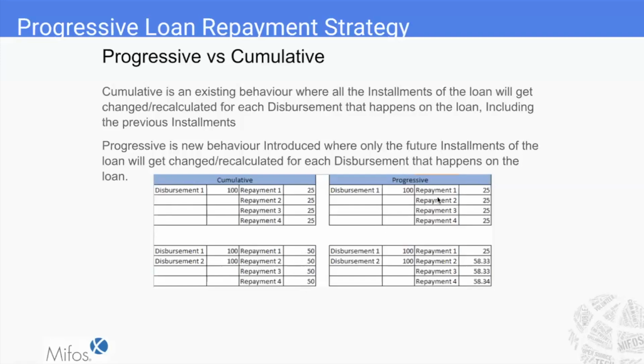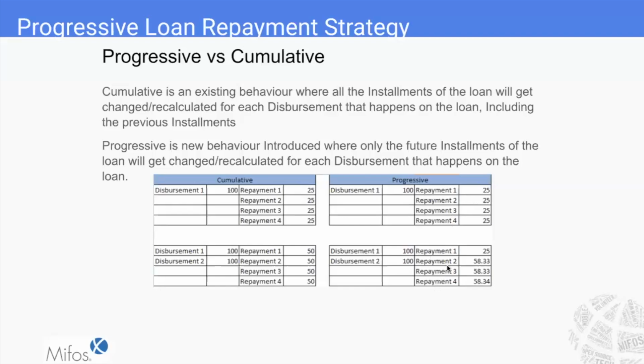In progressive, what we are doing is applying the installment EMI only to the future installments after the disbursement is done. For example, if you take the same example, disbursement of 100 distributed as 25 for each of four installments. When a second disbursement comes in after the first repayment, this 100 will be distributed only to the future installments.